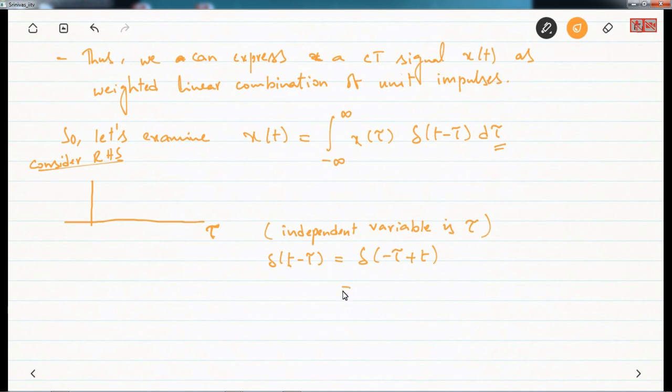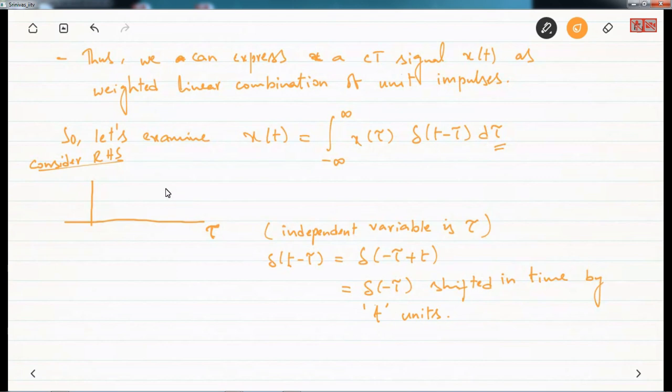So this is nothing but delta of minus tau shifted in time by t units.